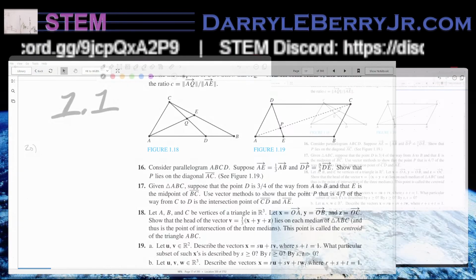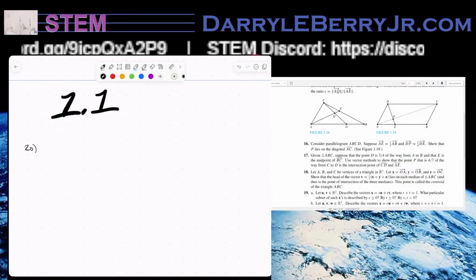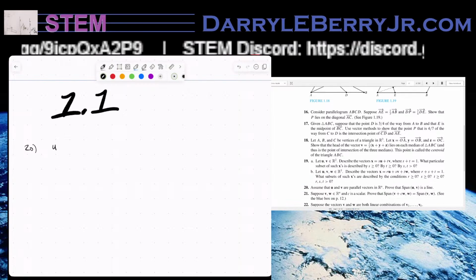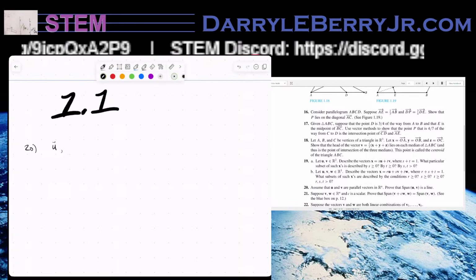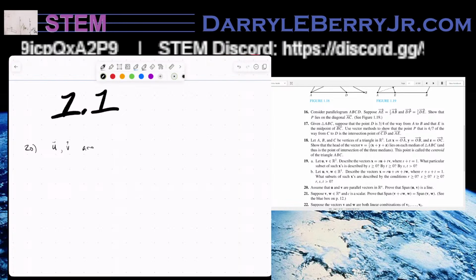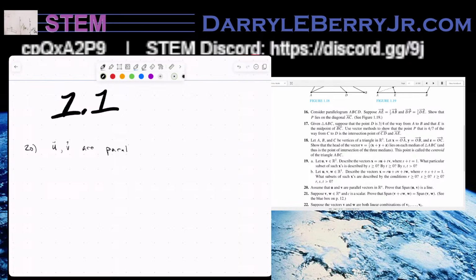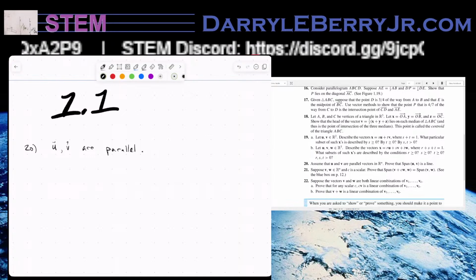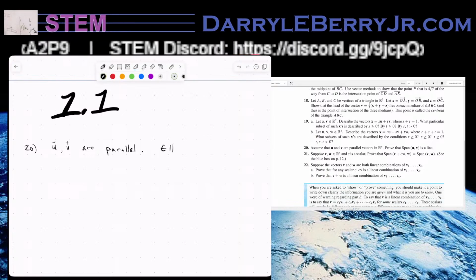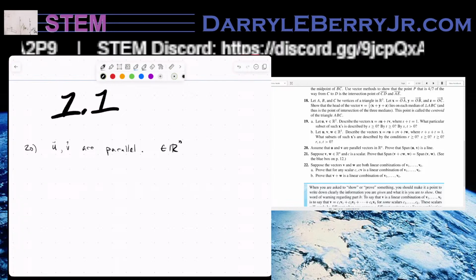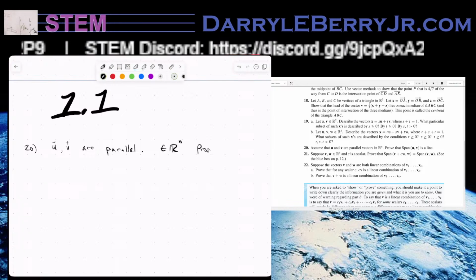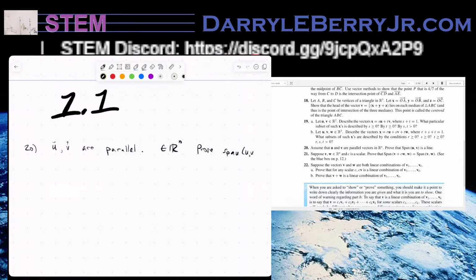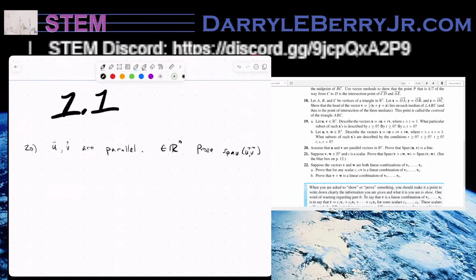So we're assuming that u and v are parallel to each other, and they're in Rn. So we want to prove that span(u, v) is a line.